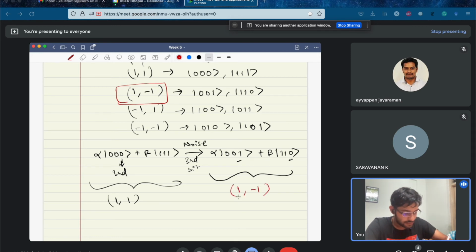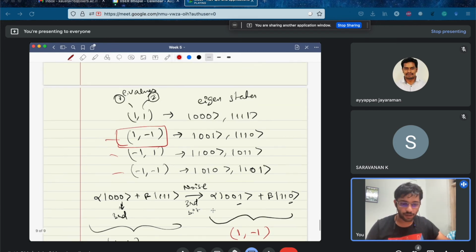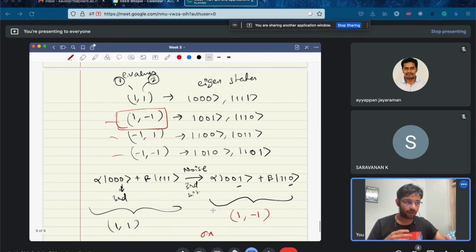So you get a different eigenvalue now. And based on these eigenvalues, you can actually find out where the error has occurred. And you can appropriately put the sigma x gate or sigma z gate based on what we call your error syndromes. So let's say when you get sick, like I am right now, you look for something that indicates that this is something like fever or diarrhea.